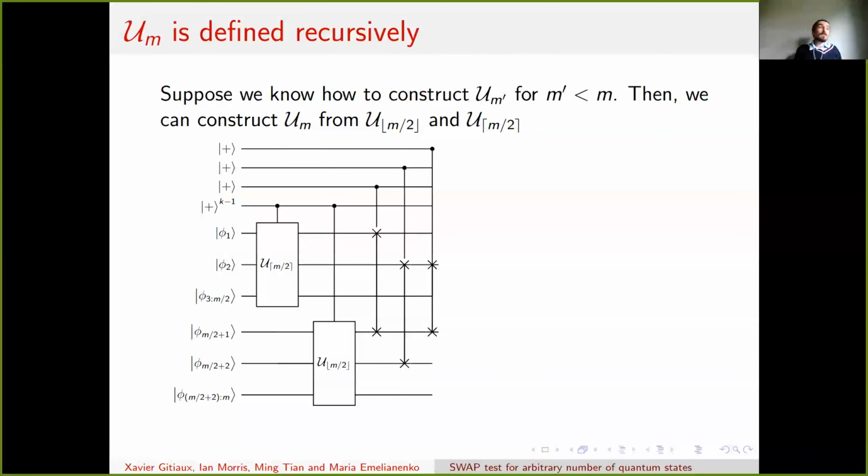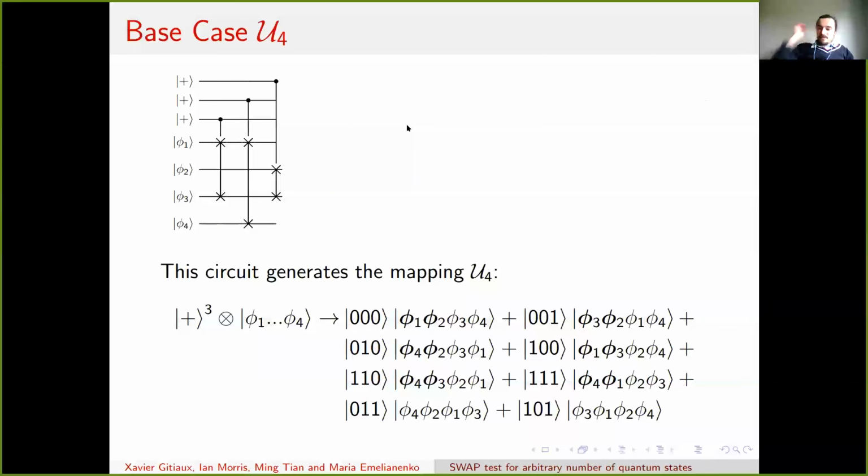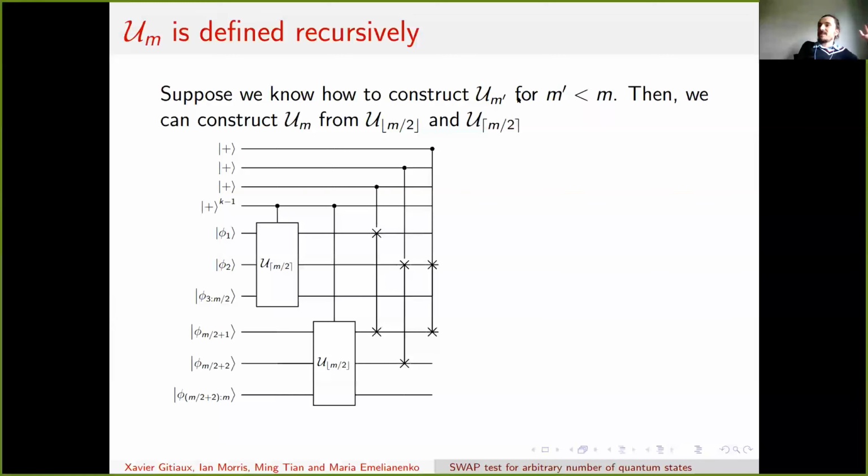And so how do we build UM? We did something very computer science, a divide and conquer or recursive approach, where we say, if I knew how to do UM for any M prime smaller than M, I will know how to do it for UM. Here you would do U for the floor of M over 2 and apply it to the top phi 1 to phi M over 2.